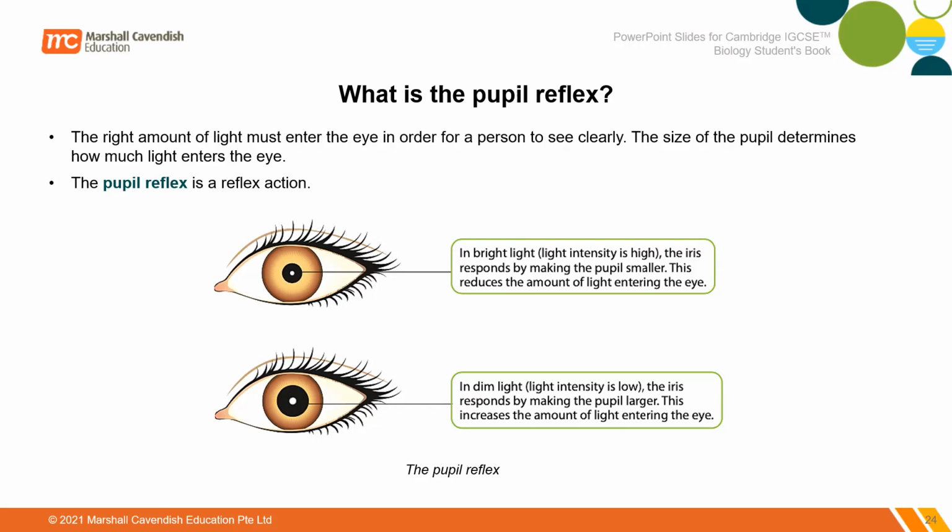اوكي ايه موضوع البيوبل ريفلكس ده يا دان؟ انا دلوقتي لو انا في برايت لايت، imagine with meal situation, the light intensity is high, your iris muscles will respond to this by making the pupil smaller.